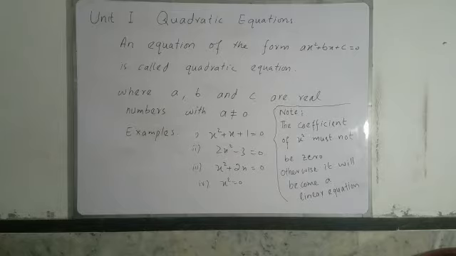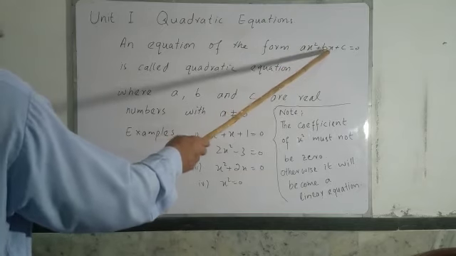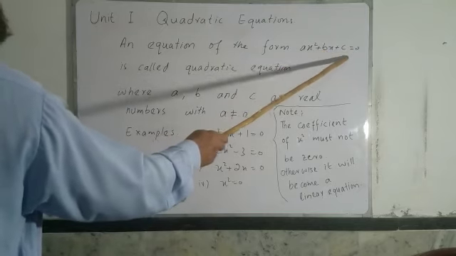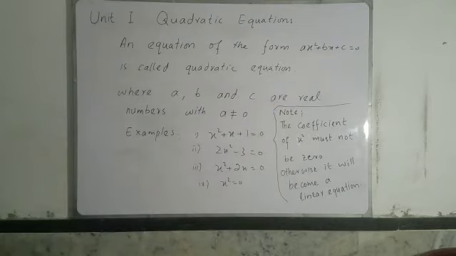An equation in which the degree of variable is 1, or the power of the variable is 1 is called linear equation. So if this a is 0, this whole term will become 0, and then it will remain bx plus c equals to 0, and bx plus c is a linear equation, and ax square plus bx plus c equals to 0 is a quadratic equation.